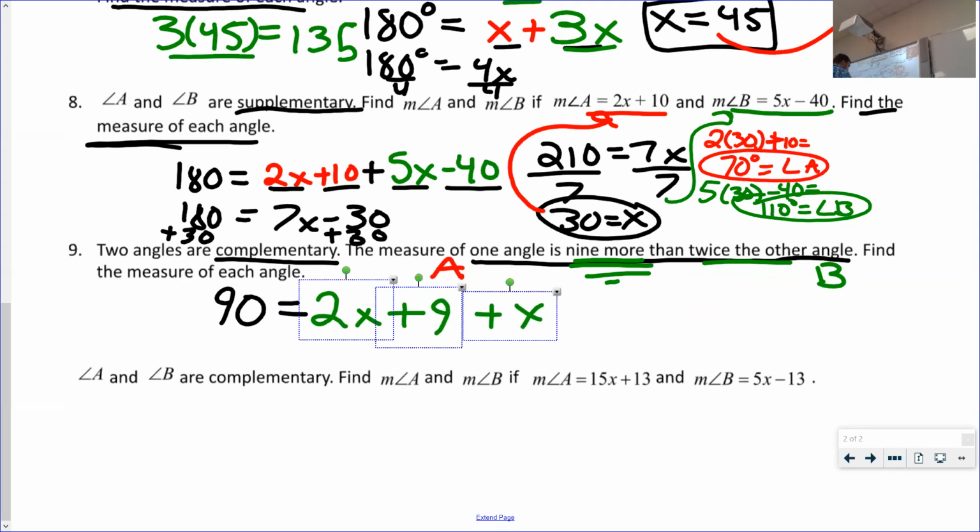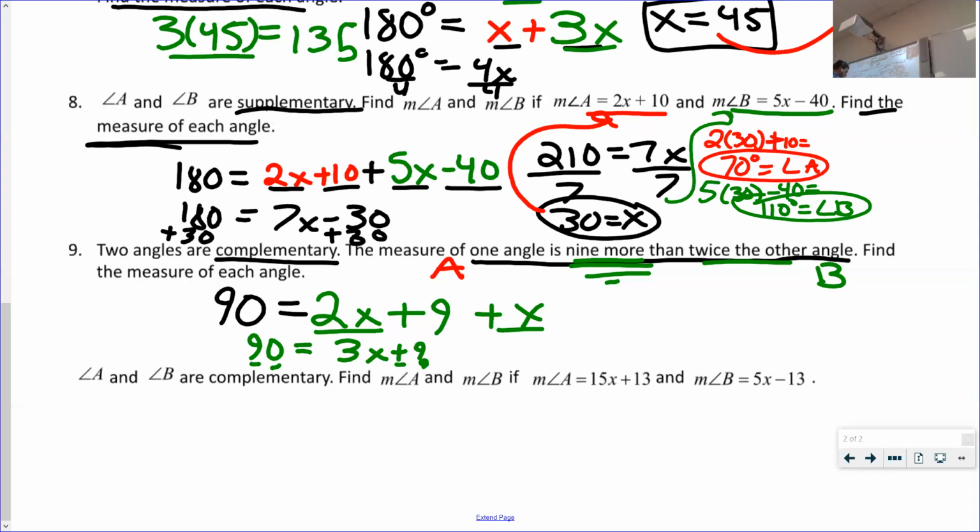So then we have 2X plus 9 plus X. Yes, no problem. We could do this. So let's combine some like terms. 2X and X, that's going to be 3X plus 9 equals 90.